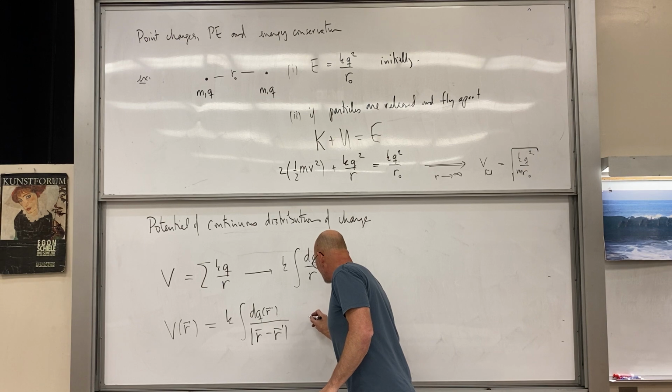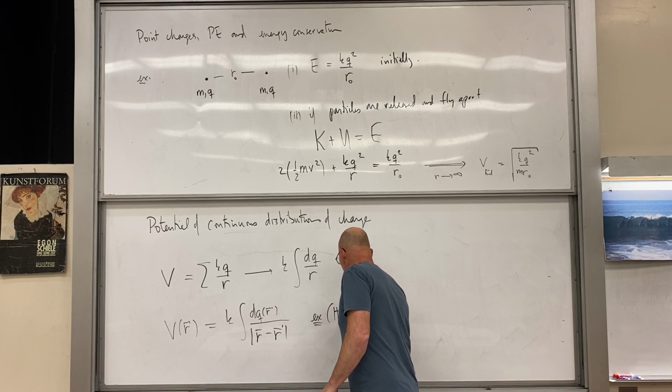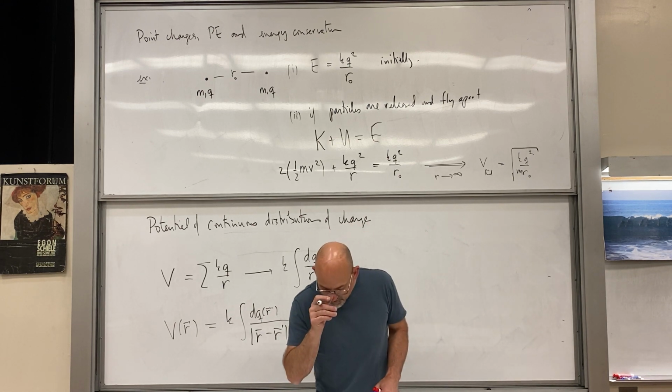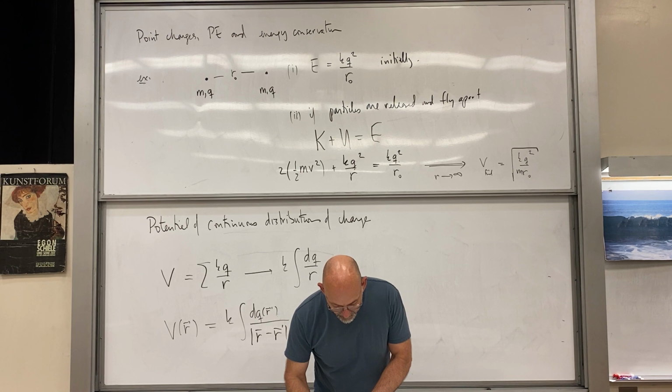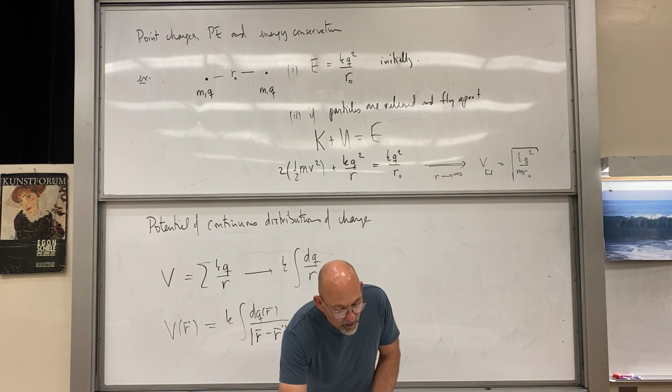The example I want to have is from the homework right away. Example from the homework, let me consult the text here. We're looking at problem 51. This is a good one.